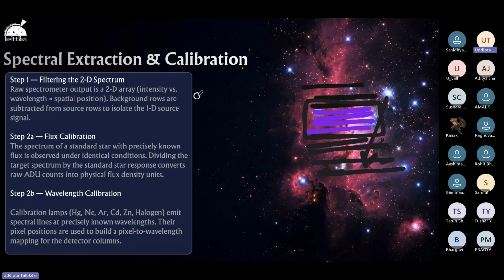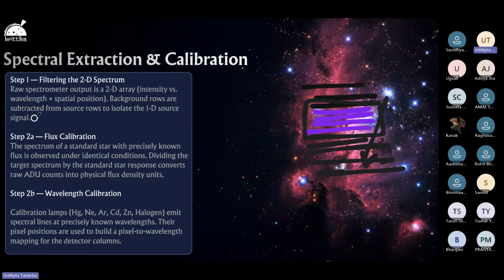So the next steps are the calibration of flux. I've divided it into two steps. So the simple version is our spectrum is currently in meaningless camera units, ADUs. You need to convert it into real physical units, that is the actual energy per second per wavelength.